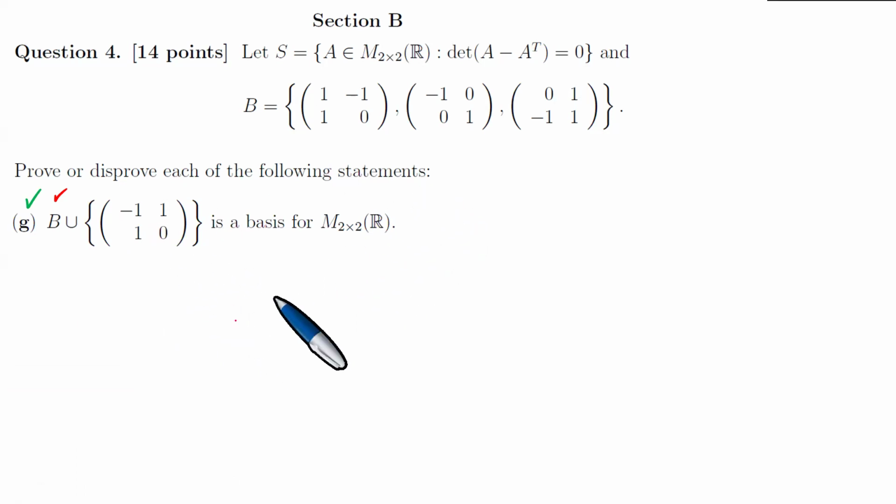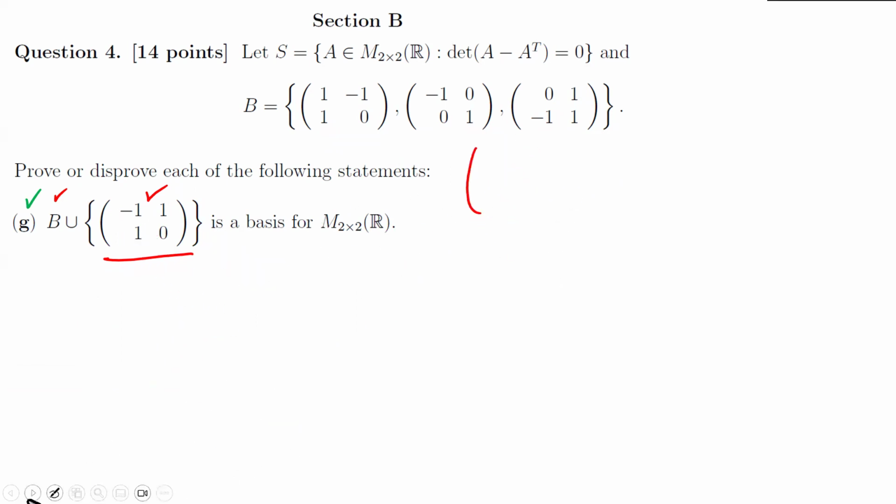If we add this element, will B therefore have 4 elements, and the 4 elements doing the job? This element looks very familiar. Is it the same as the one we saw that was not in the span? It looks like it's the one we saw that was not in the span.